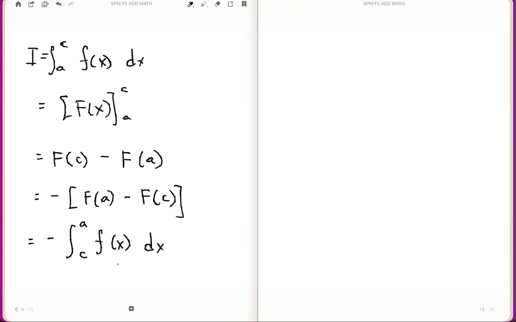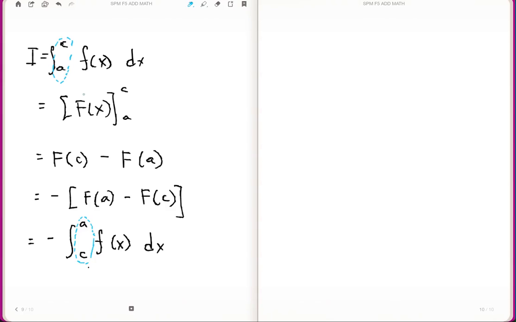Now what I want to tell here basically is, if you realize I've switched the limit. This is from C to A. This is from A to C. You read from the lower limit.